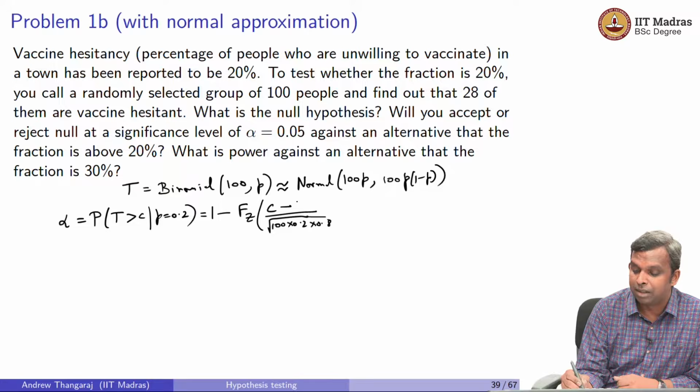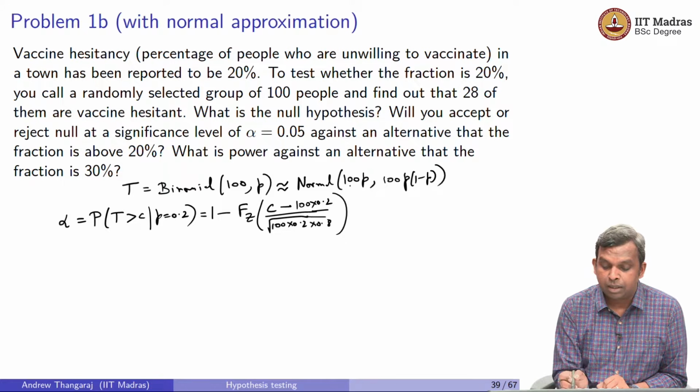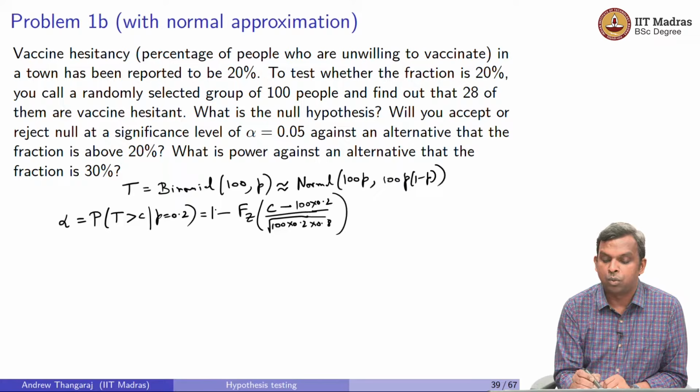Notice how I got it: I'm going to approximate T as normal. So T being greater than C is (T minus its mean) divided by its sigma being greater than (C minus the mean) divided by sigma, and that is 1 minus Fc.